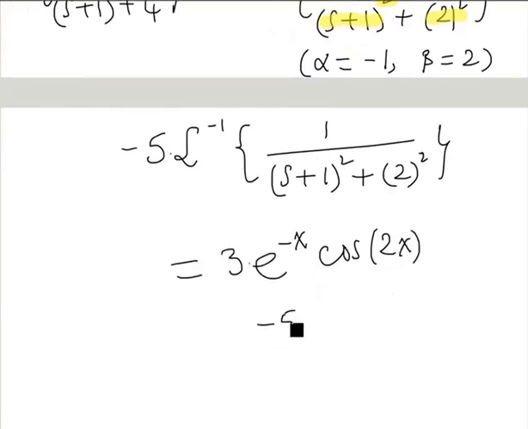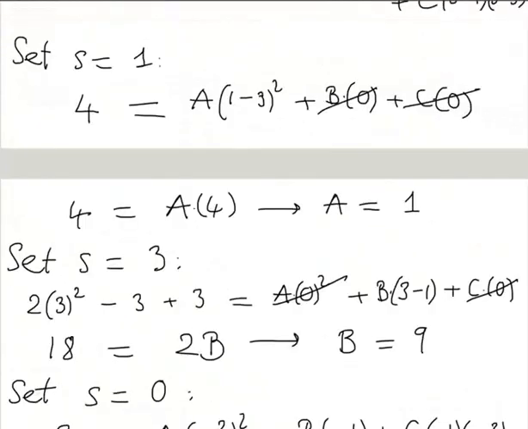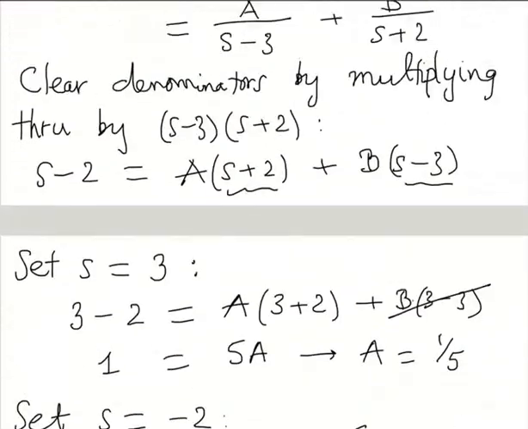And then minus 5. Over here, we also use the same thing. Alpha equal to minus 1, beta equal to 2. But different formula. So maybe better I should check which formula we need to use. Going back here.